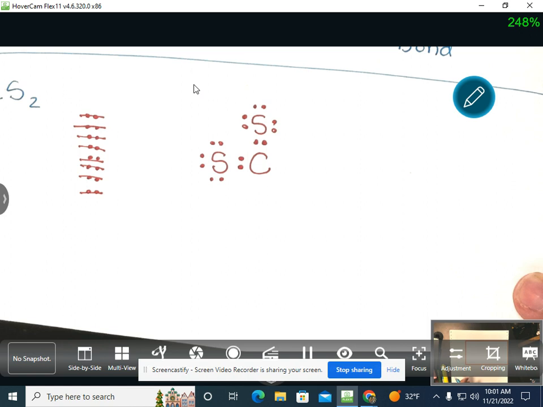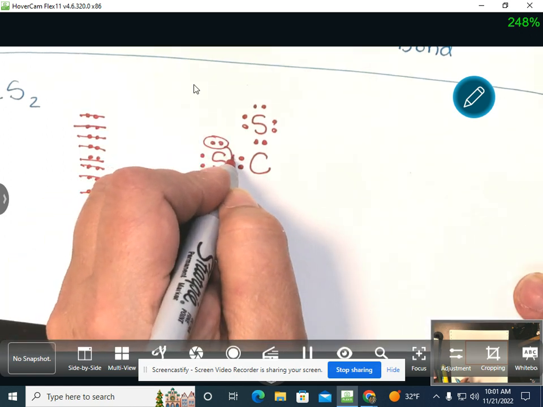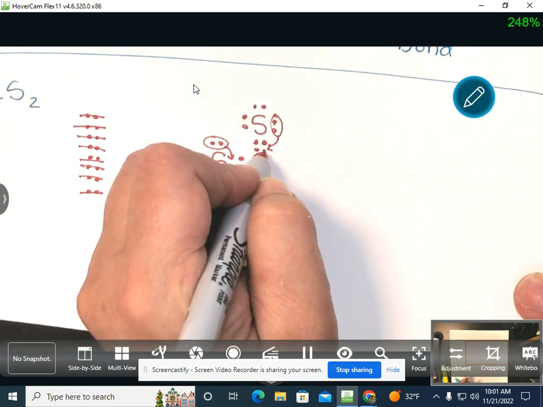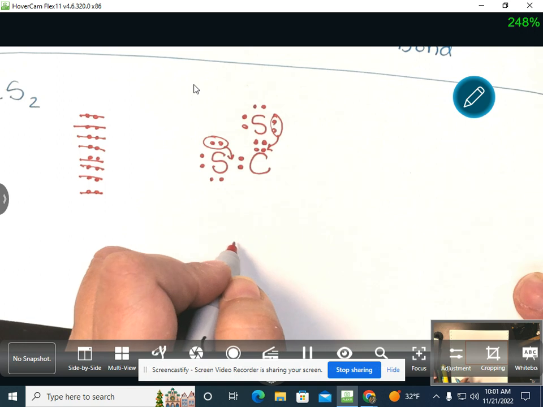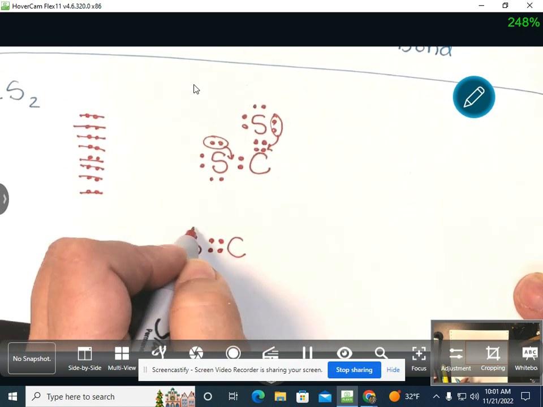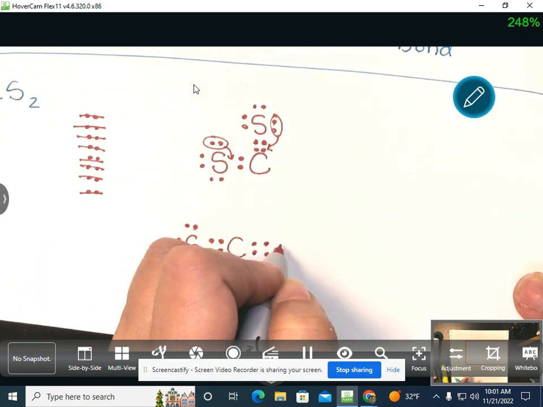Okay, so what's going to happen? Sulfur moves 2, and this sulfur moves 2. Okay, now carbon is going to have a double covalent bond and another double covalent bond.